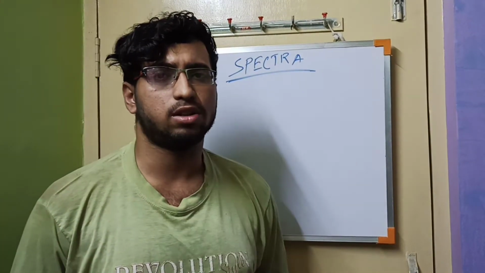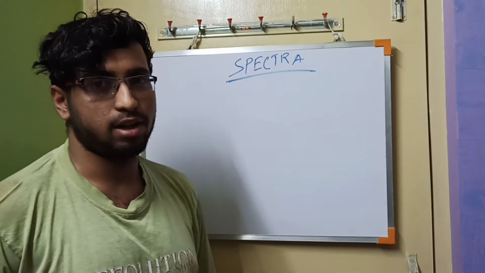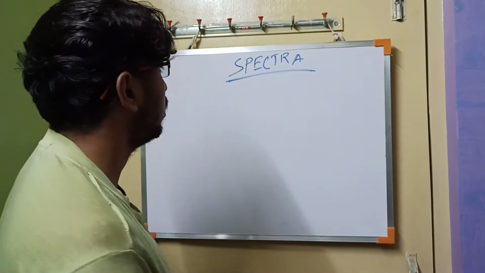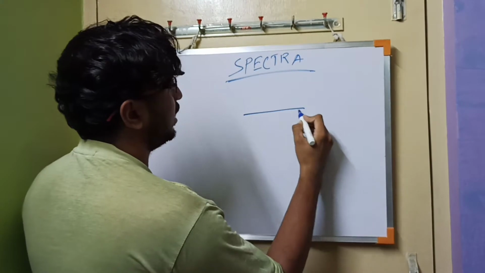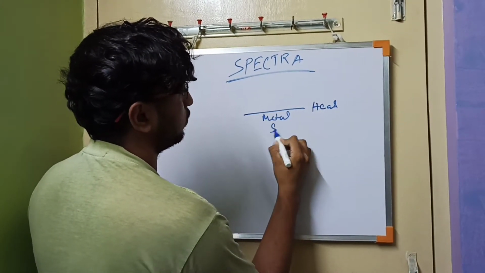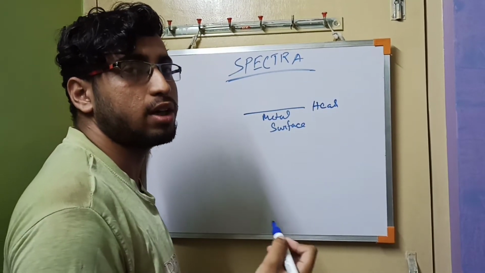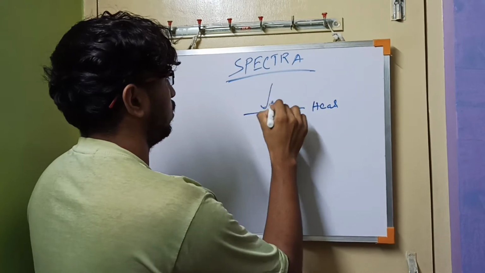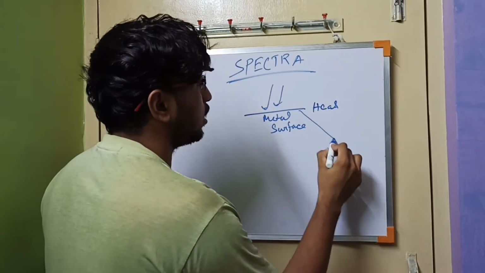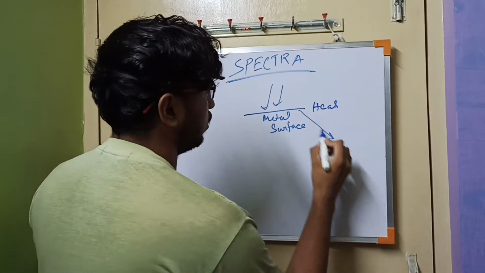This is just a small lesson of atomic structure part 1, which is about spectra. So first we have to know what spectra is. When we heat a metal surface over a certain range of temperature, it releases a specific amount of light, or it releases spectra.